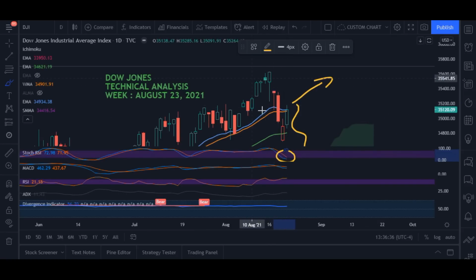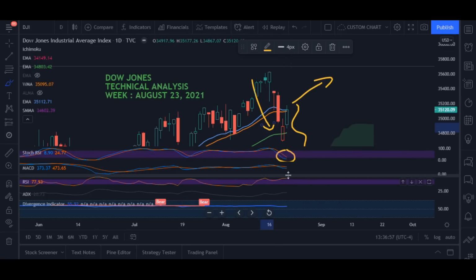And if we talk about the MACD, then MACD is also supporting the bearish movement here, because MACD is also bearish. So both the stochastic RSI and MACD are bearish. So they are supporting the bearish trend.